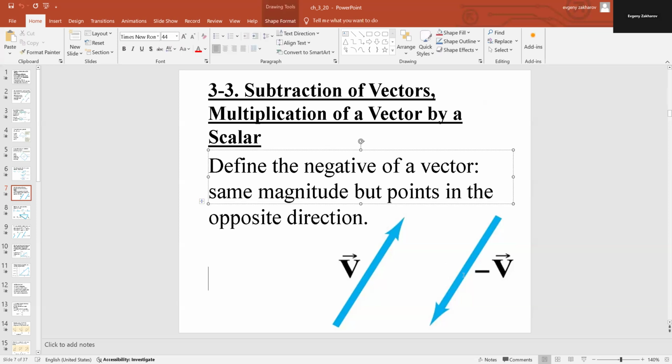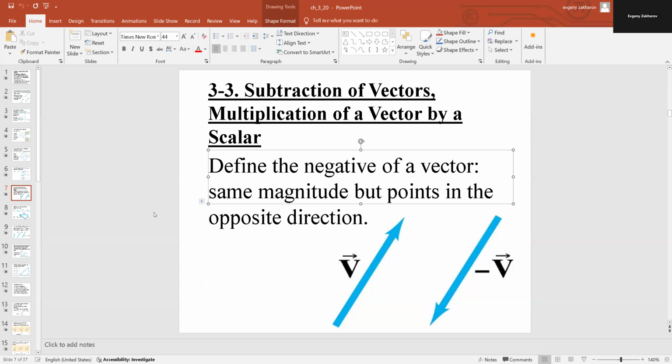Well, that's the diagram that shows you what's going on. If vector v, say velocity vector, is north of east, then the opposite is south of west. So instead of subtracting v, you can add the negative v. And adding vectors, we already know.